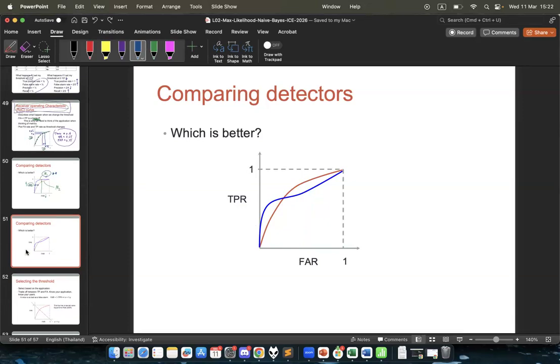In the first class, we talked about Google search. In Google search, we want high precision. When Google search returns something, you want it to be correct. It doesn't have to find everything, it doesn't have to find anything, but when it returns some results, they should be correct. So we want a high true positive and low false alarm.